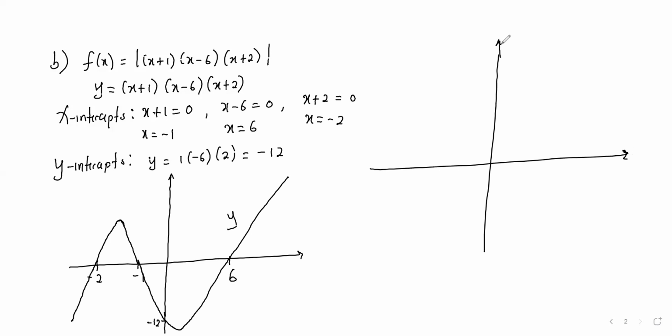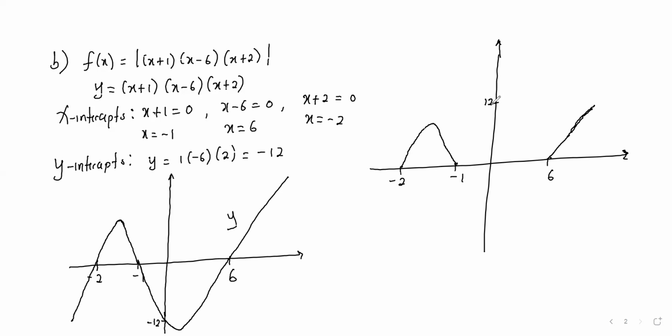The graph of f of x has the same intercepts, negative 2, negative 1, positive 6, except that it does not go below the x-axis. So this remains the same. This remains the same. But this negative 12 now becomes positive 12.